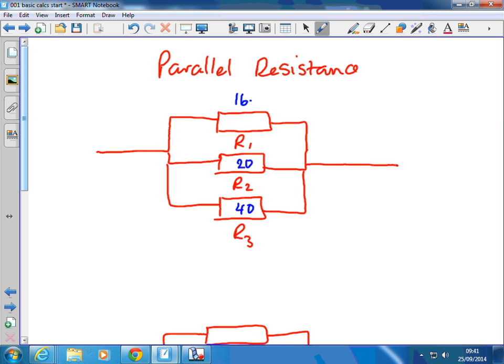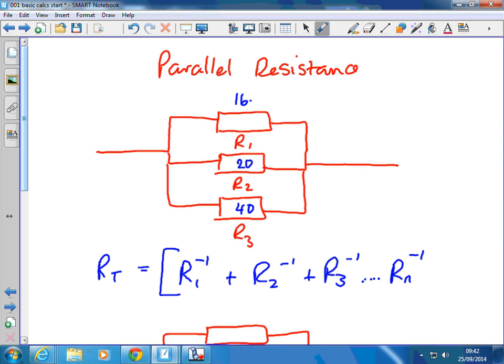Anyone remember how we do this method of calculating total resistance in parallel? Yeah, RT, the total, and we have to have some brackets here, right, because you're almost there. It's R1 to the minus 1, that is 1 over, yeah, plus R2 to the minus 1, plus R3 to the minus 1. We can carry that on to Rn to the minus 1, but we have to take the reciprocal of the result of adding all them together.